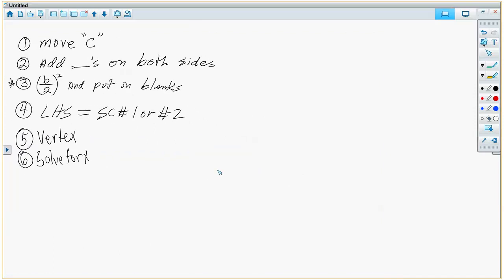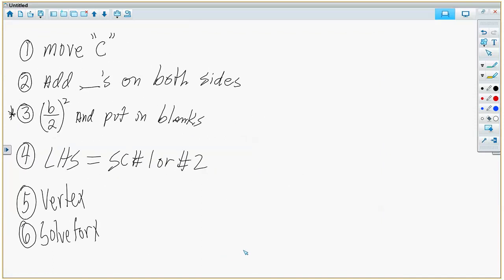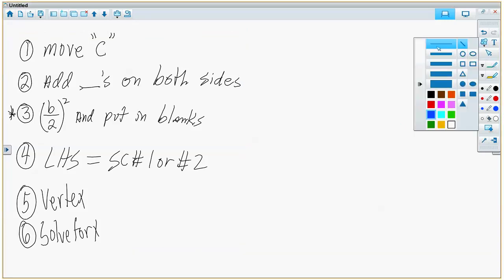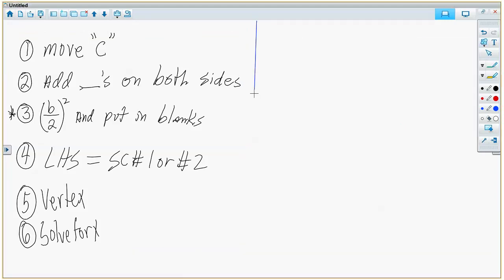Okay, so I'm going to put those right here on the left-hand side of the page. And I'm going to take my handy-dandy straight edge and draw a line right down through here. We're going to start with a problem that's pretty simple. On a scale from 1 to 10, it's about a 1.